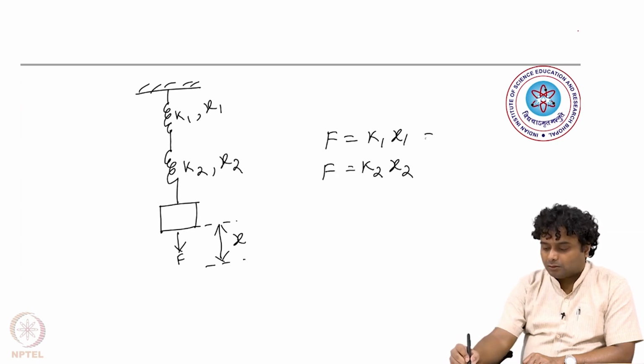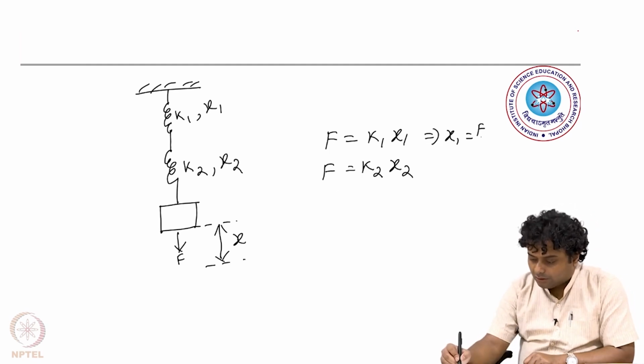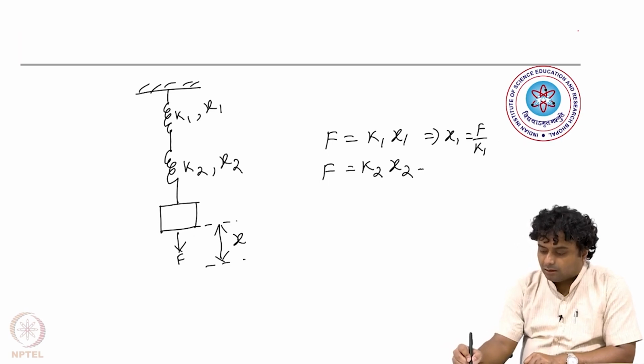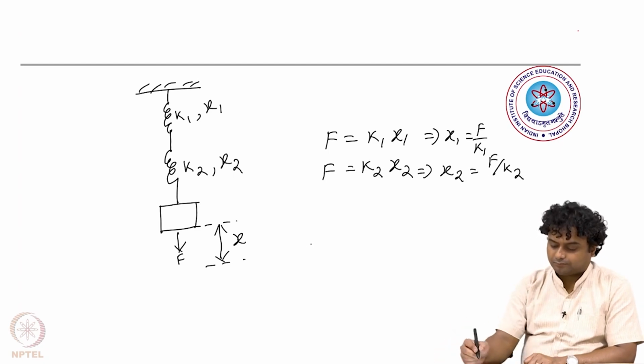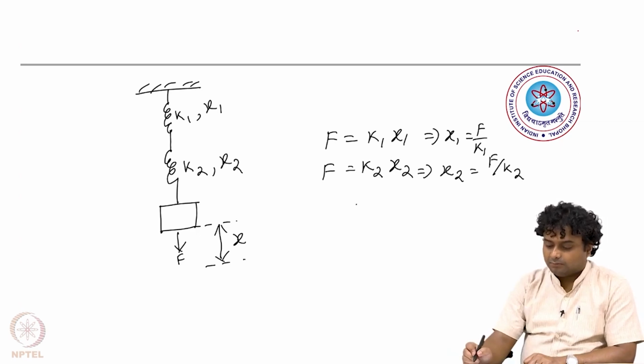So, x1 equals F by K1 and x2 equals F by K2. Okay.